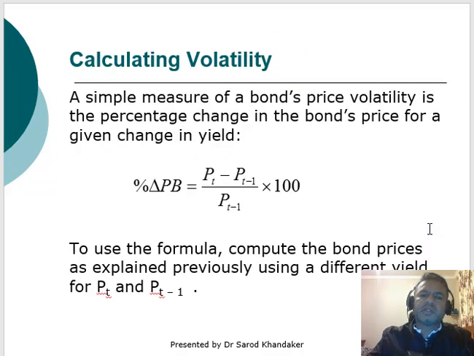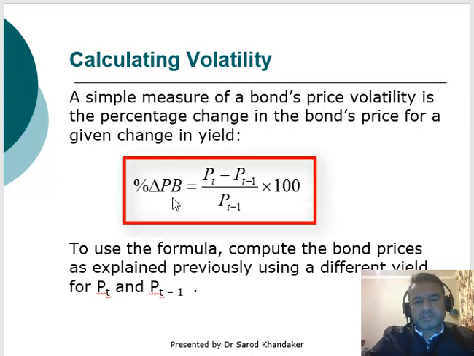The next slide will look at how we can calculate the bond price volatility. This is a very simple formula. In this formula, the bond price volatility, which is the percentage change in the bond price, is equivalent to Pt minus Pt minus 1, divided by Pt minus 1, multiplied by 100.